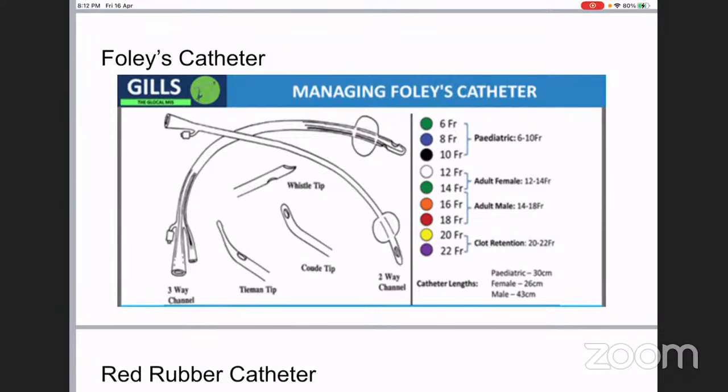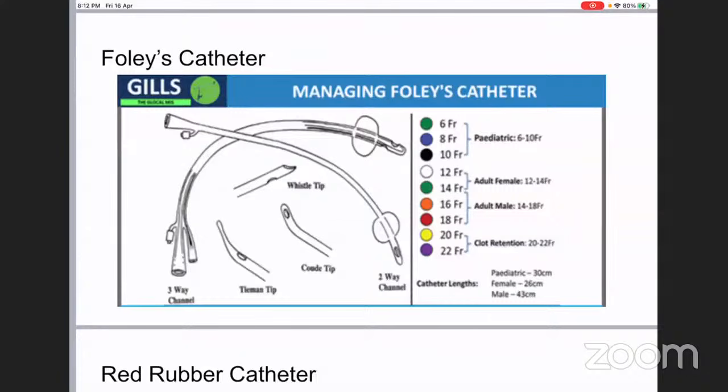Okay. And then down there, you can see different channels. You can either have a 2-channel Foley's catheter or 3-way Foley's catheter. So the 2-channel Foley's catheter has 2 channels, obviously. One is for draining the urine and the other one is for inflating the balloon. So on this channel where you inflate the balloon, you will have different colors.